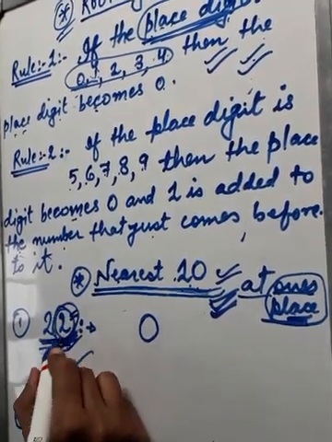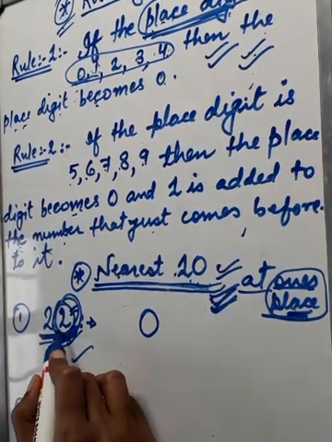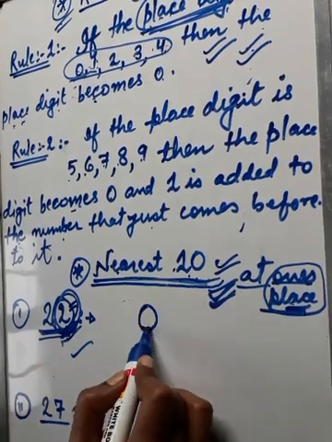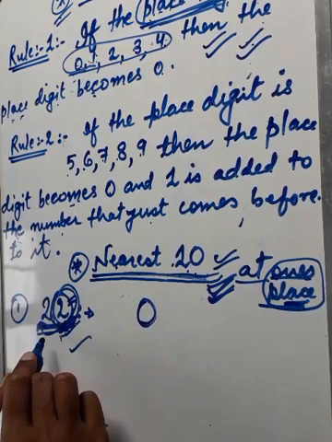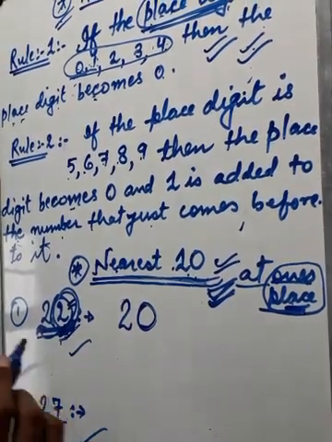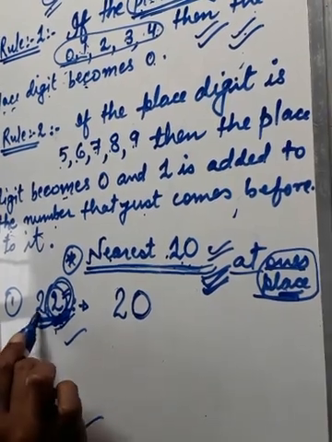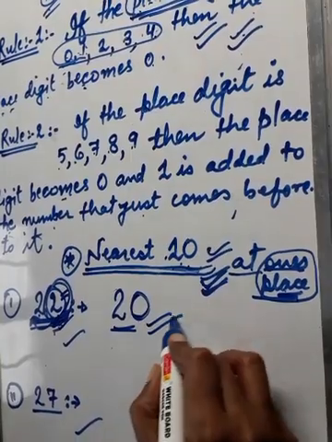We are seeing the digit at the ones place. So that ones place digit becomes 0 now, and the digits before that are written the same as in the question. So here it will become 20.